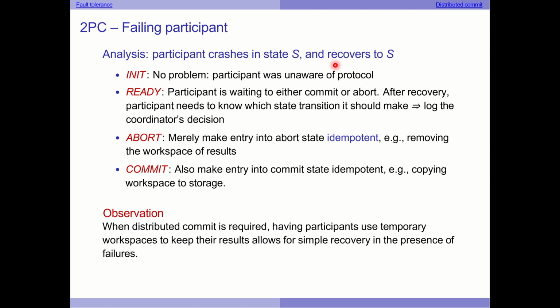The recovery will very much depend on which state the participant was in when it crashed. If the participant crashes in the init state and recovers in init as well, there is no problem, because at that point the participant has not yet voted. So nothing will happen.